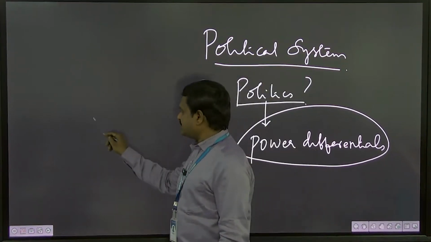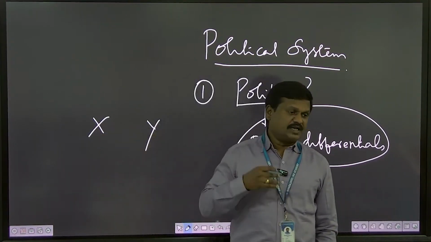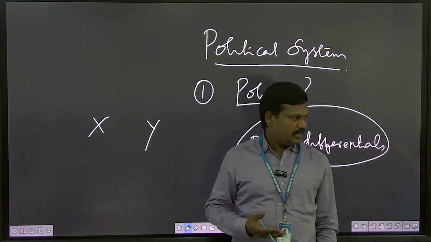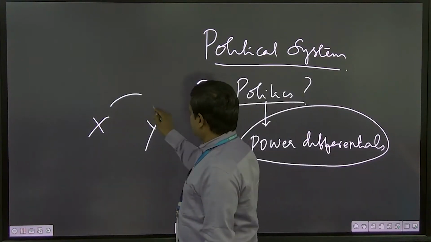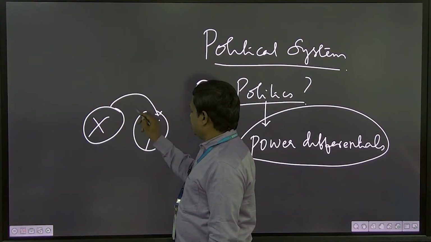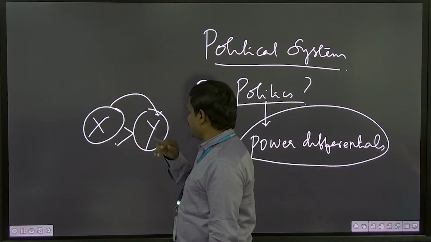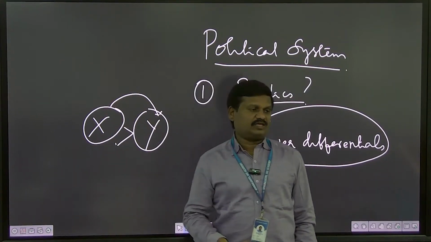There is one person called X, there is another person called Y, or there is one group called X, there is another group called Y. They have differences in power. X may have more power than Y. X is having more power, Y is having less power.